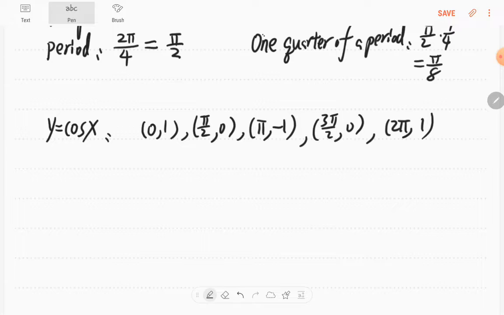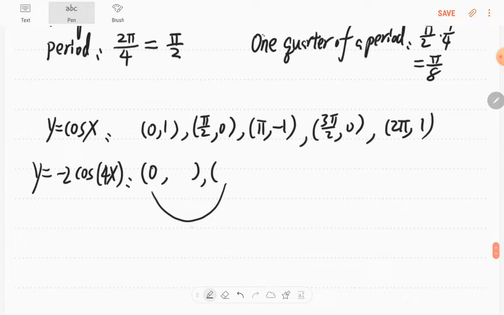Then we multiply, so our function becomes negative 2 times cosine. So the first thing, we need to have our quarter period, a quarter of the period. So this is 0. The next one, we increase by pi over 8. So the next one is pi over 8, right?